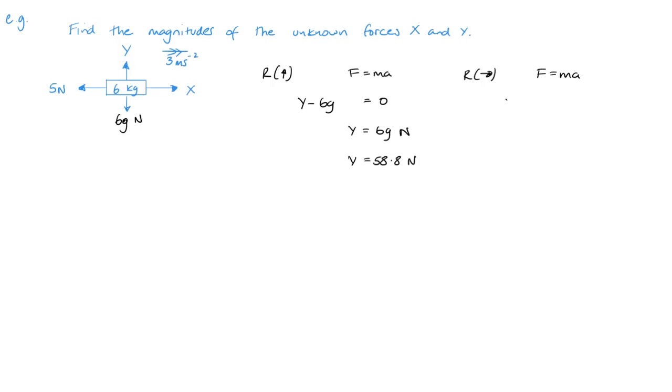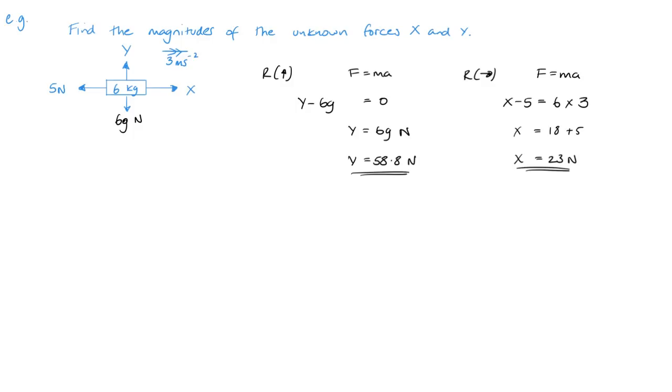So we've got x minus 5 is equal to the mass 6 times the acceleration, which is 3. So x equals, 6 times 3 is 18 plus my 5, so it's going to be 23 newtons. So x is 23 newtons and y is 58.8 newtons.